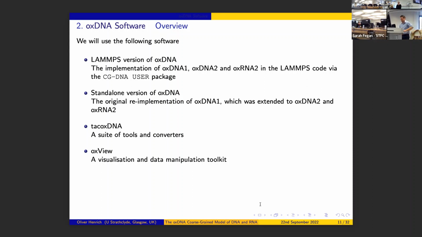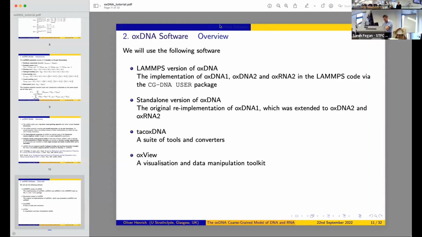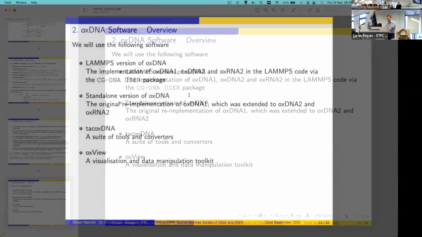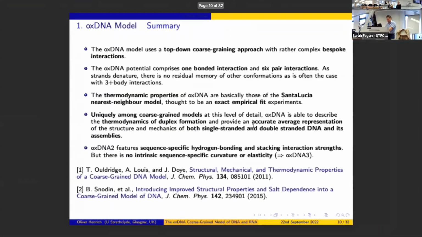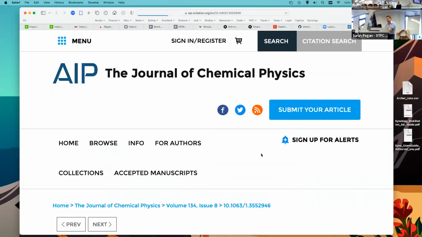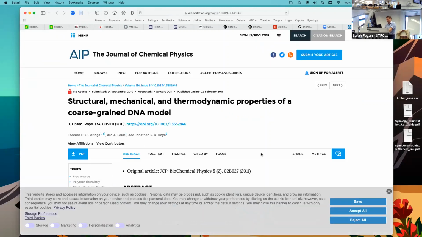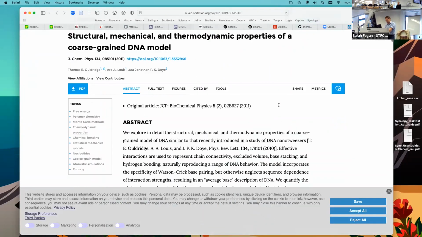oxDNA, as Ollie will tell you, is implemented in LAMMPS, which is a materials modeling piece of software. Can you guess from this talk why Ollie hasn't used GROMACS, AMBER, or NAMD? Why do you think Ollie had to use LAMMPS?